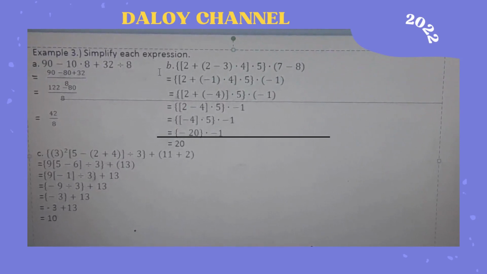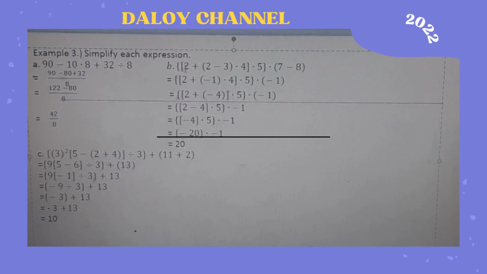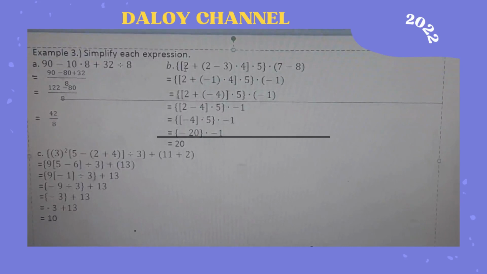For letter B, this is a good example of PEMDAS. Now, we will eliminate its symbols of groupings like parentheses, brackets, and braces.